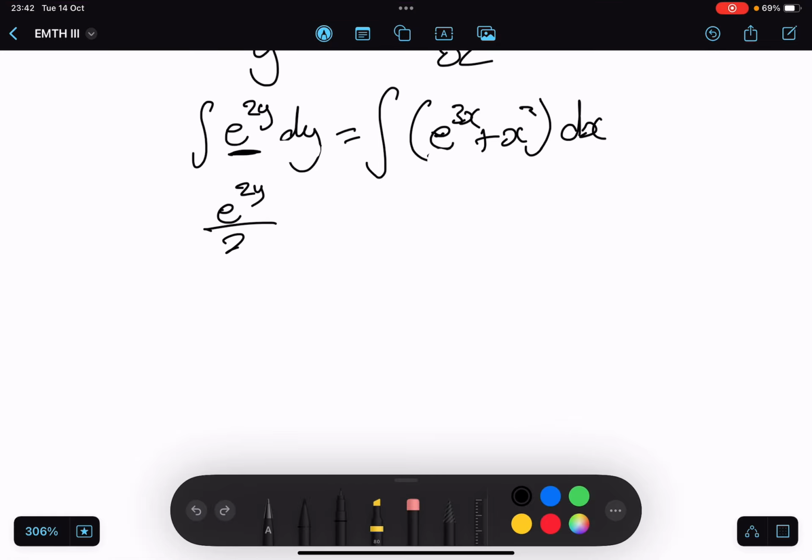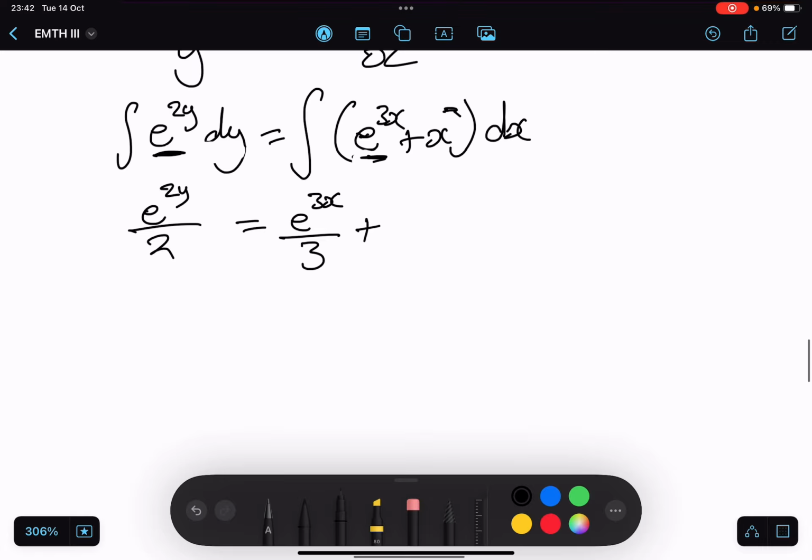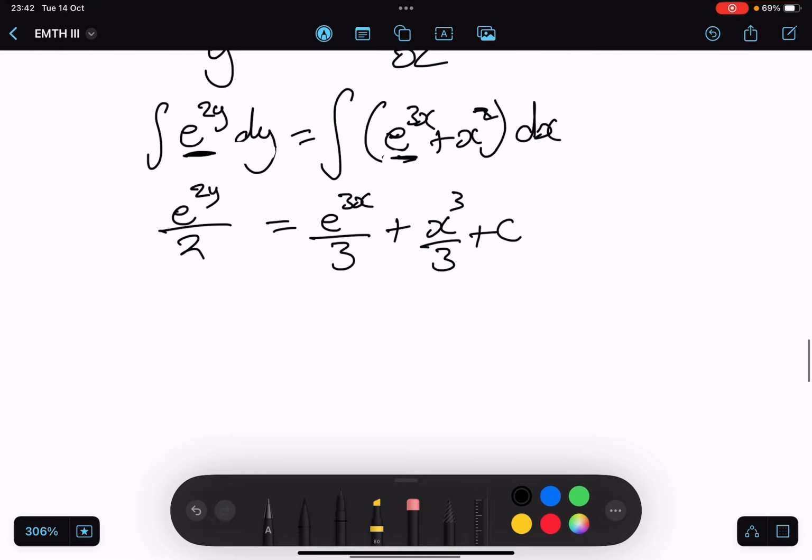The derivative of the power is 2, isn't it? And this equals, integrating this exponential function, e to the power 3x over the derivative of the power, which is 3, isn't it? Plus, integrating the polynomial x squared is going to be x cubed over 3, isn't it? Plus C, which is an arbitrary constant.